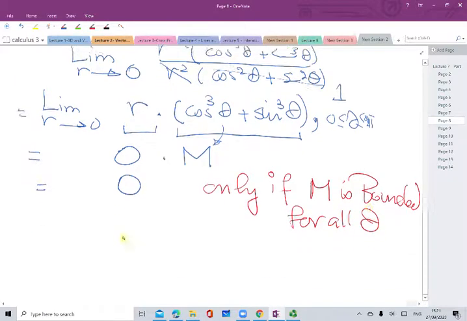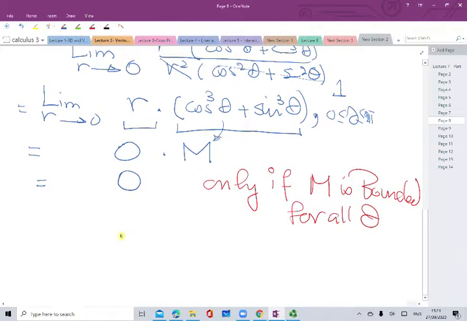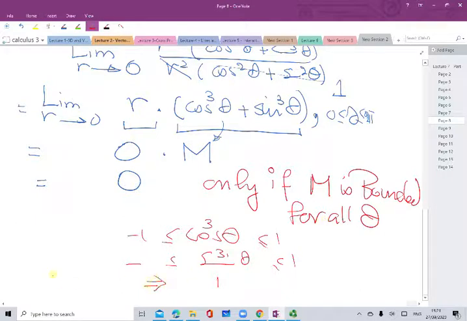It's obvious that this bracket is bounded, because cosine theta is bounded from negative 1 to 1, and sine is bounded from negative 1 to 1, and the cubes are also bounded, so the addition of these two terms is bounded from -2 to 2 at most. I'll write this verification: I need to verify that m is bounded.